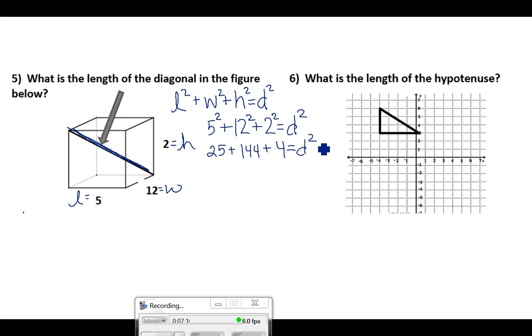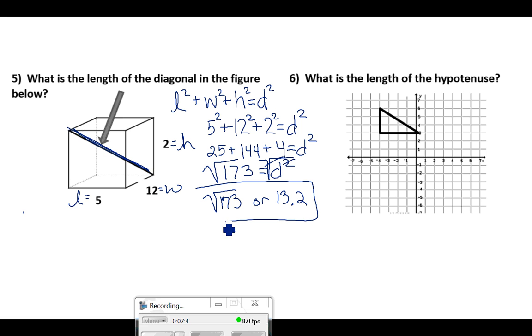Now we can add all of those numbers up, which is 173 equals d squared. So we're still looking for the diagonal, not the diagonal squared, so we're going to have to take the square root of both sides. That's going to cancel out that, and we are left with the square root of 173, or approximately 13.2 for the diagonal.